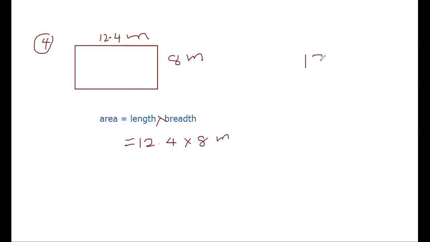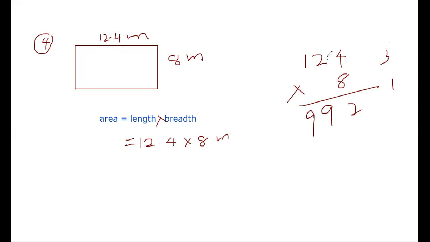So 12.4 multiplied by 8, as in the decimal lesson you studied previously. 8 times 4 is 32, remaining 3. 8 times 2 is 16 plus 3 is 19, remaining 1. 8 times 1 is 8, plus 1 is 9.